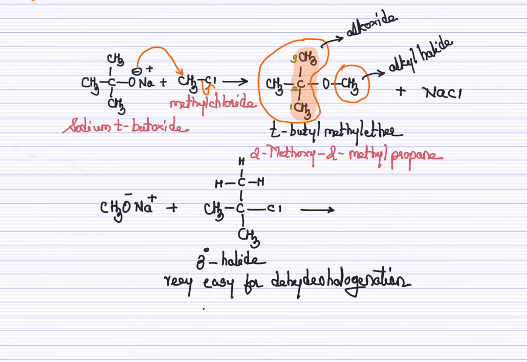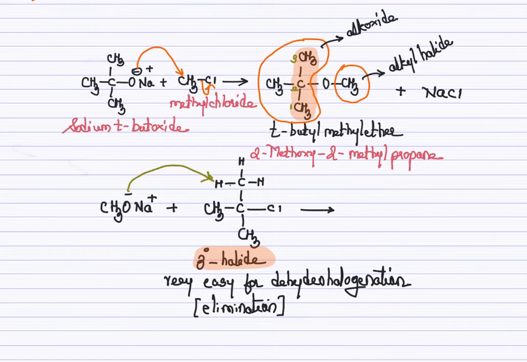The elimination reaction, we call this. We have already done this, that in any substitution there is a big possibility of elimination, and when you have a tertiary alkyl halide as your substrate, then the possibility of elimination with a strong base, now here it acts as a base, with a strong base like methoxide is very, very high.